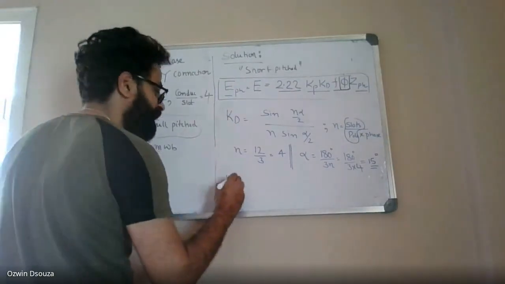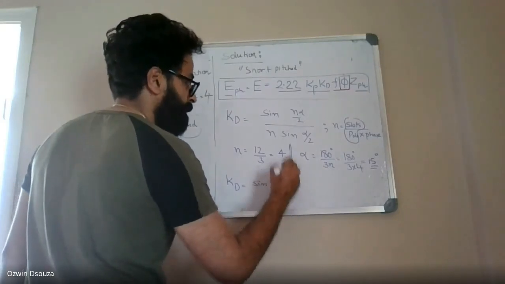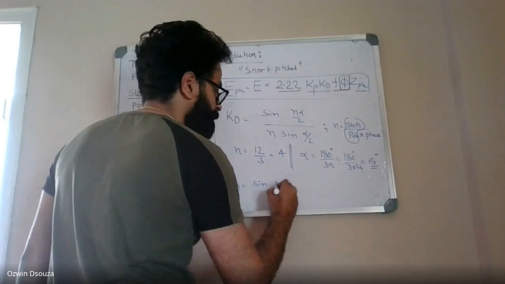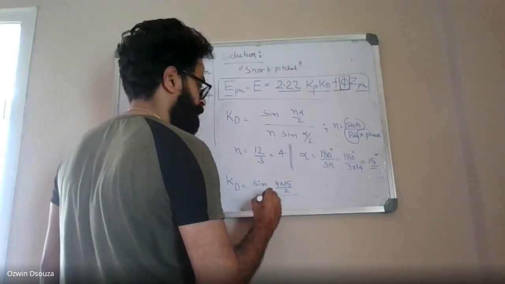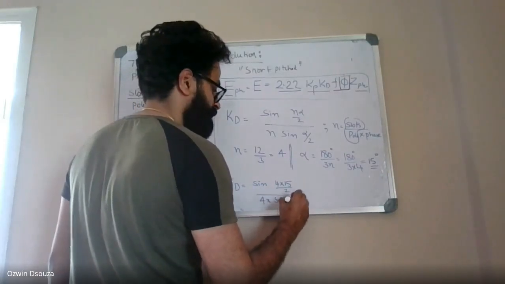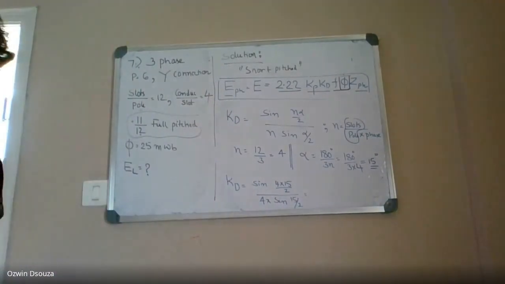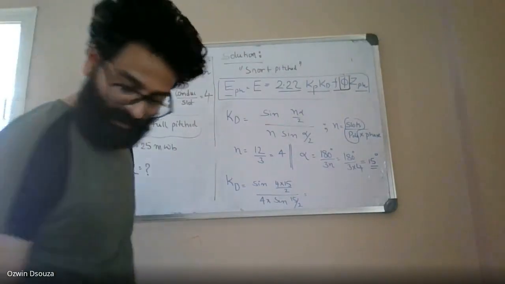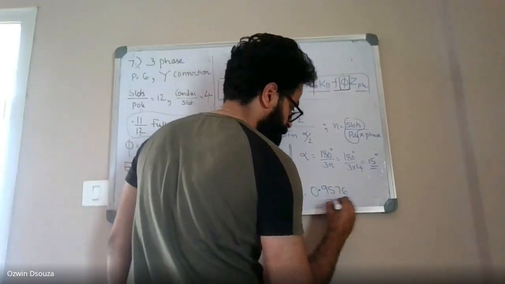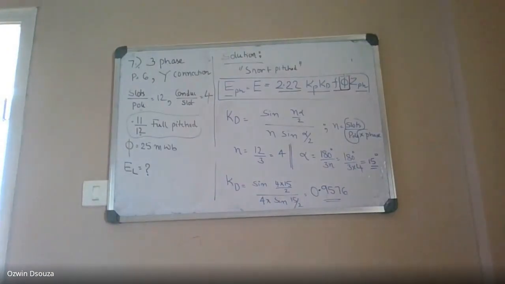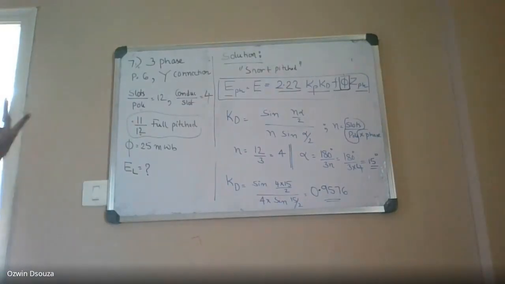And now you can find out Kd: sine of 4 into 15 divided by 2, divided by 4 into sine 15 by 2. When you substitute, you will get Kd as 0.9576.